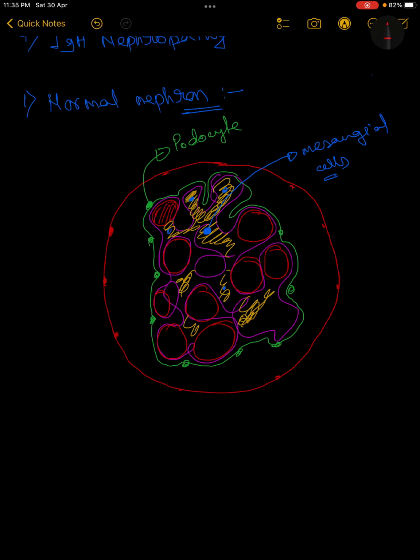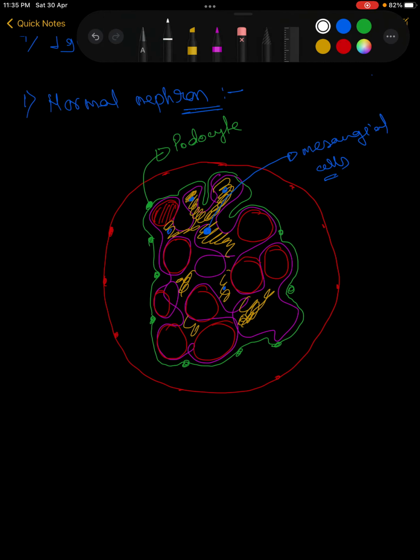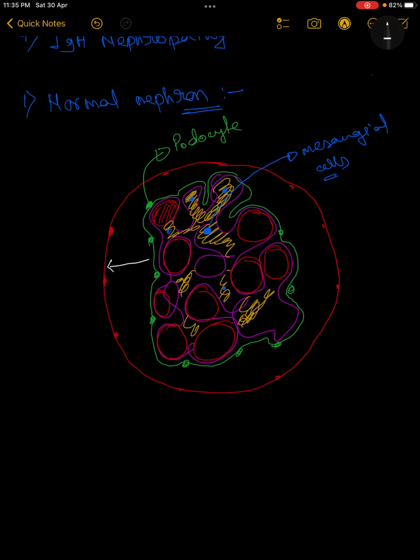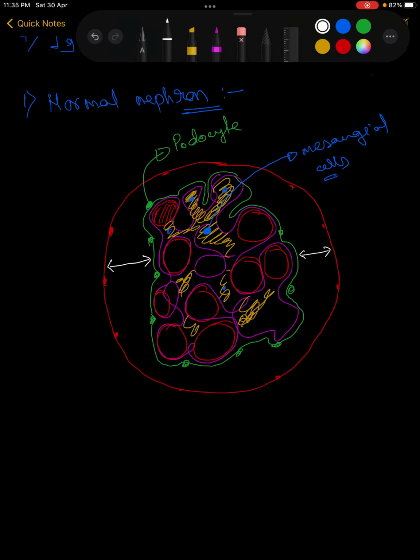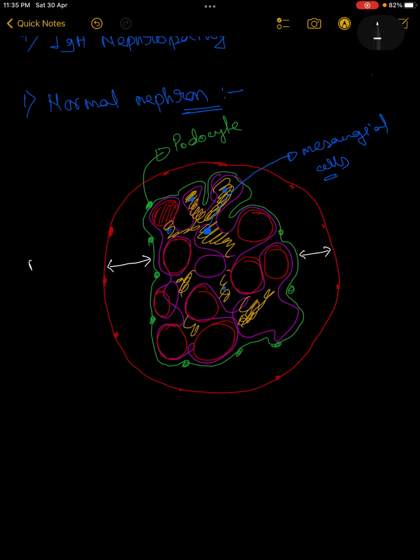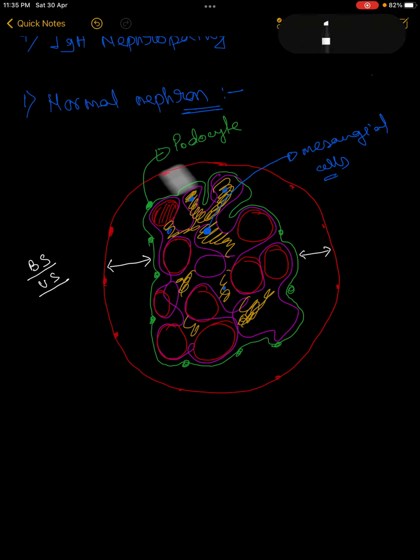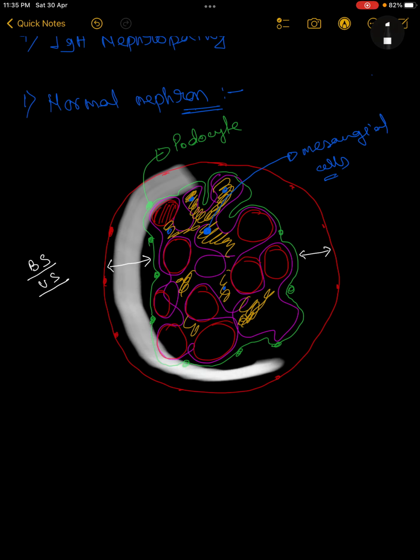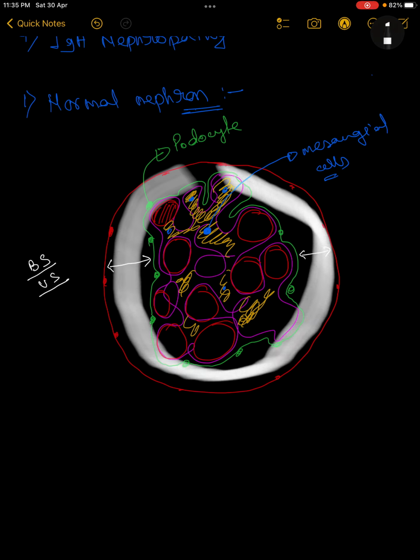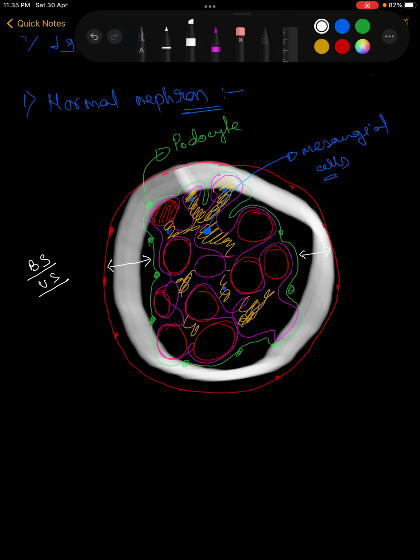We cannot forget this space. What is this space? This is known as Bowman space or urinary space. It is a circular space present here.